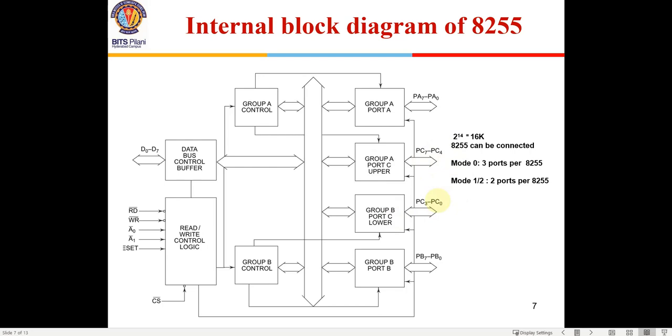Now there is something known as mode 1. You can either configure group A as mode 1 or group B as mode 1, or you can configure both group A and group B as mode 1.